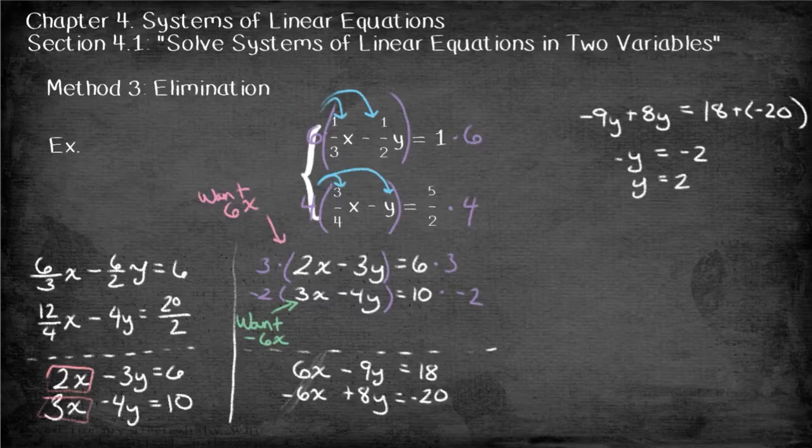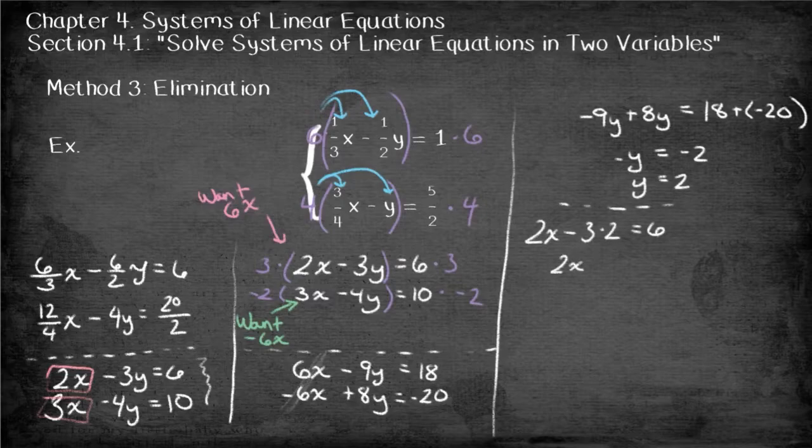And from there, we can use either of the two equations that we started with, or we can also use these simplified ones. So I'm going to use 2x minus 3y. And I get x equals 6.